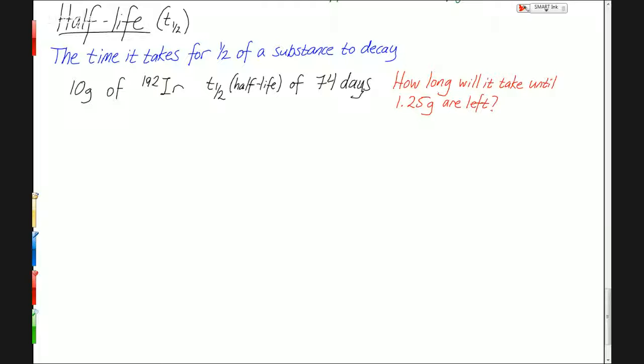There's an equation you can use for this. It's a power of 2 thing. We're not going to get into it in this class. If you're curious, go ahead and check it out. The way I like to do this is just to count out the half-lives. So you cut it in half, you cut it in half, you keep cutting it in half until you get to whatever number you're trying to get to. So in this case, we start with 10 grams. And we'd say, all right, after one half-life, that's 74 days, how much would be left?